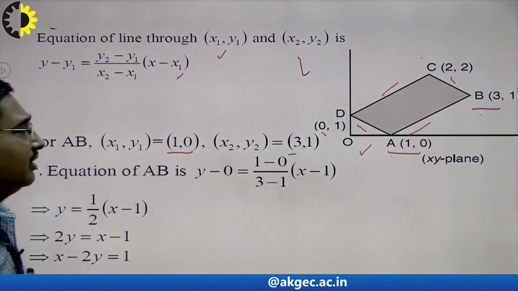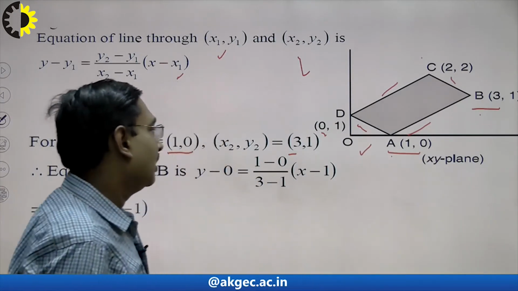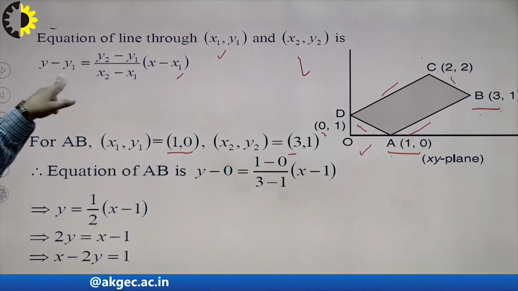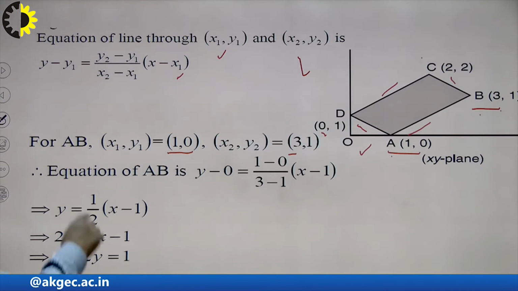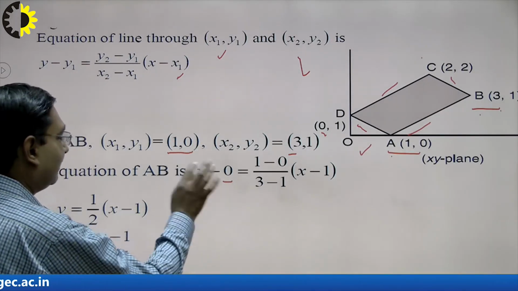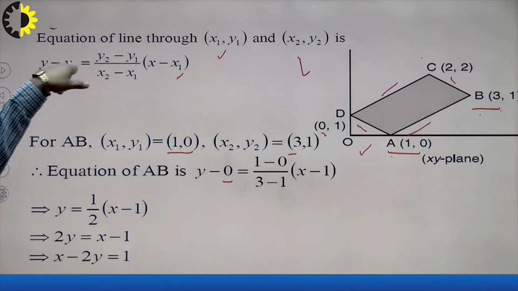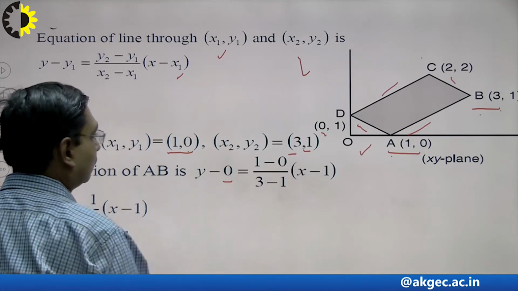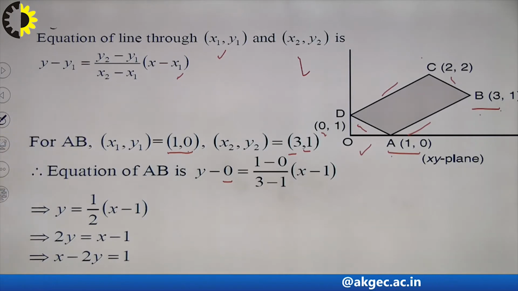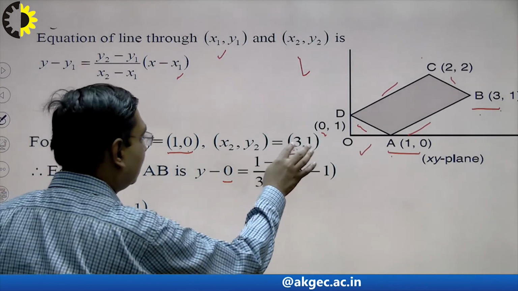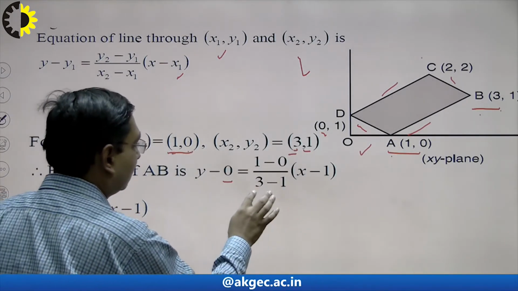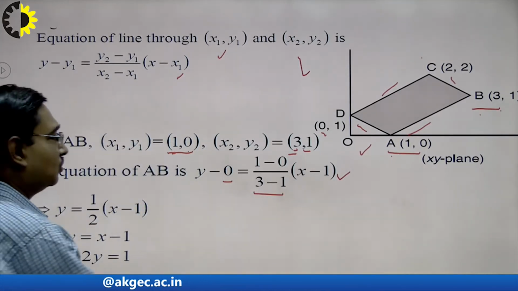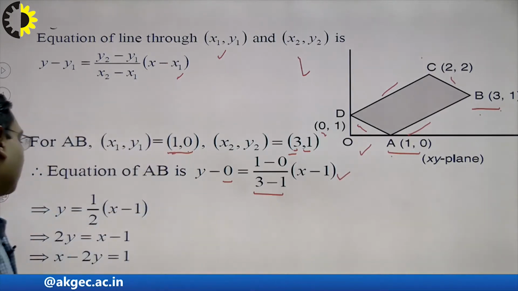Substituting these values here, y minus y1, because y1 is 0, so it will be y minus 0; y2 minus y1 means 1 minus 0, upon x2 minus x1, that is 3 minus 1, times x minus x1, because x1 is 1, so it will be x minus 1.